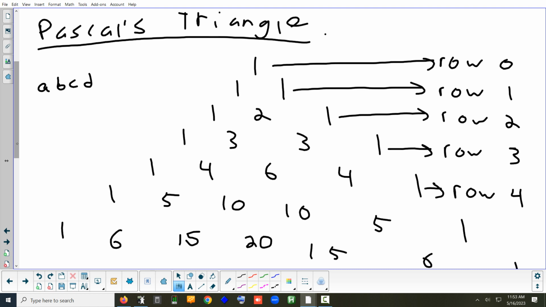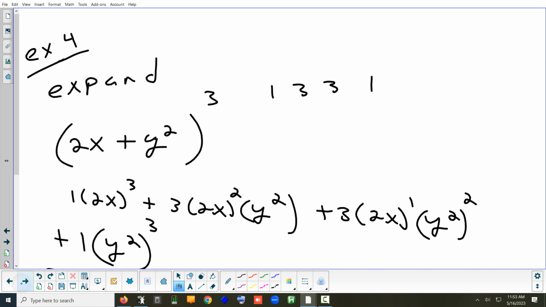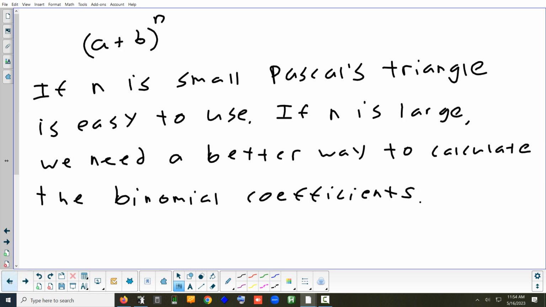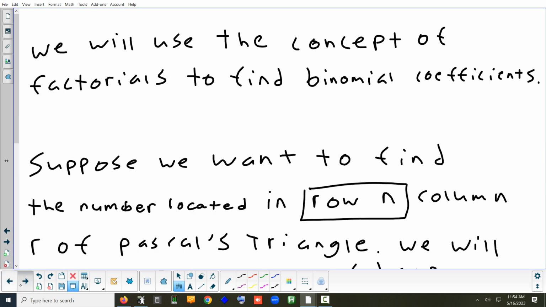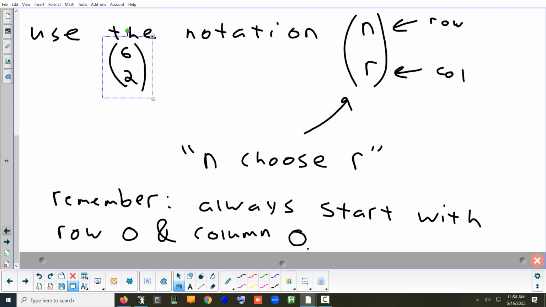If you go home with a red and a black, or a black and a red, it's the same. That's what this triangle really tells you: the number of ways you can choose objects out of a group of them. Remember, when you are numbering, you have to start with row 0, column 0, or things won't line up correctly.